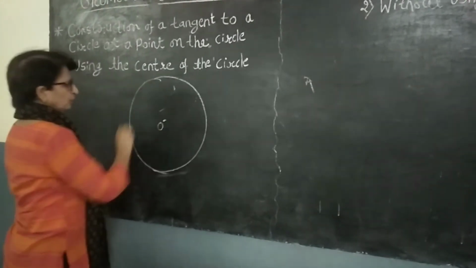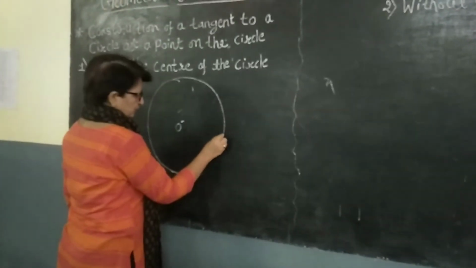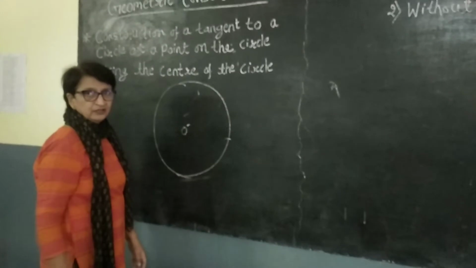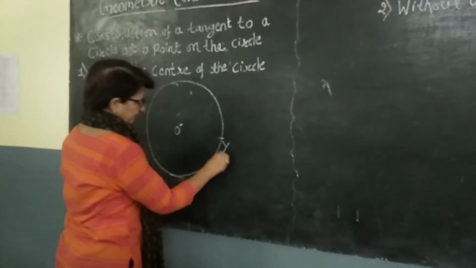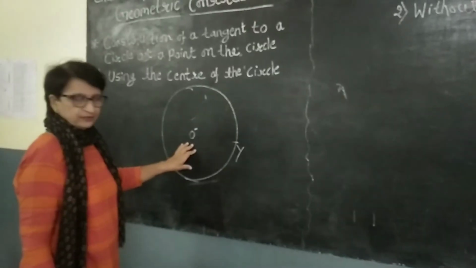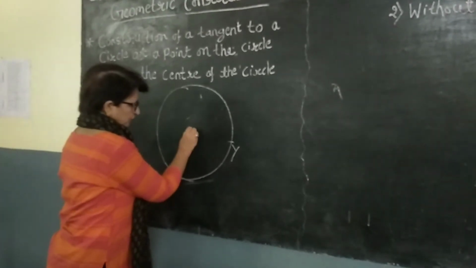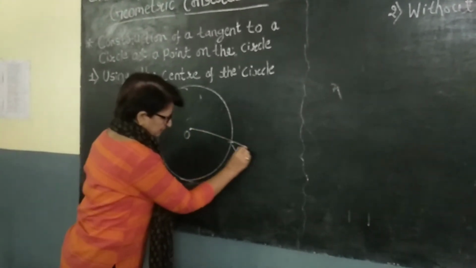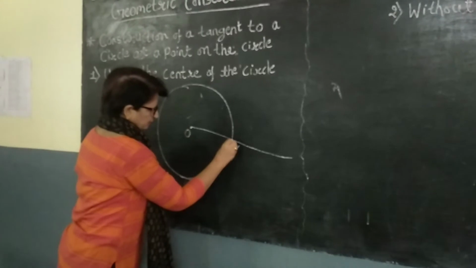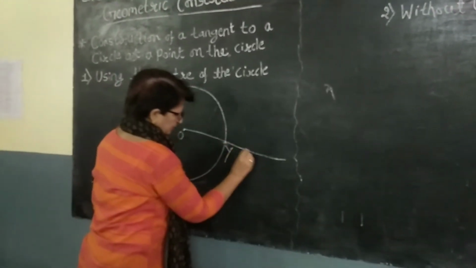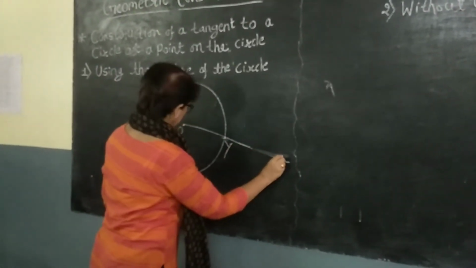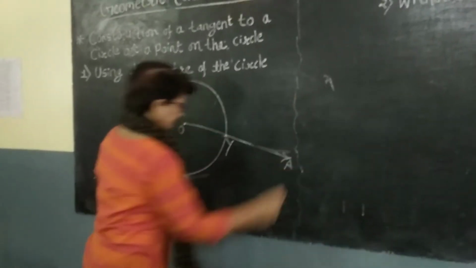Let the point be O. Supposing from this point I have to draw a tangent. Let that point be Y. So how am I going to draw it? Okay. Join OY and extend it further outside. Take it further. Let it be A.